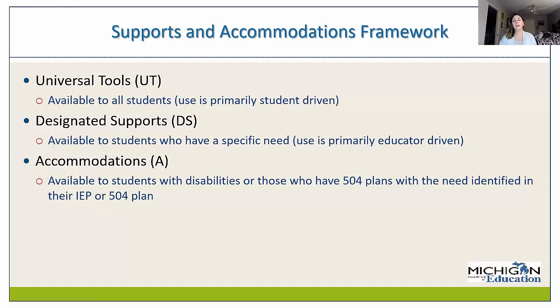An example of an accommodation would be Braille. It's not the case that every student with disabilities needs Braille. However, their IEP is most certainly going to be defining the fact that the student needs Braille as a particular support for that student.